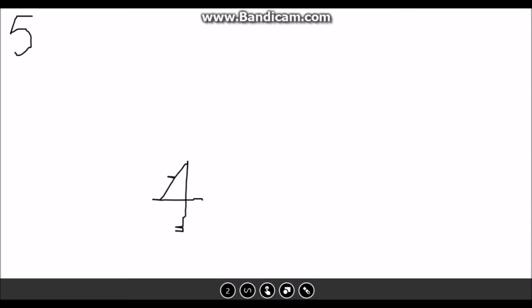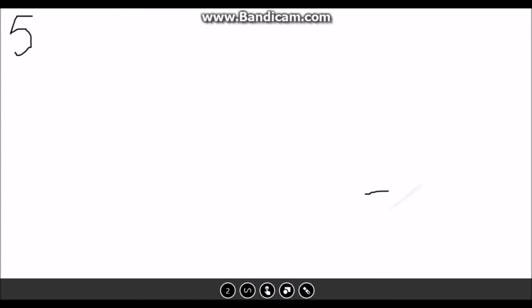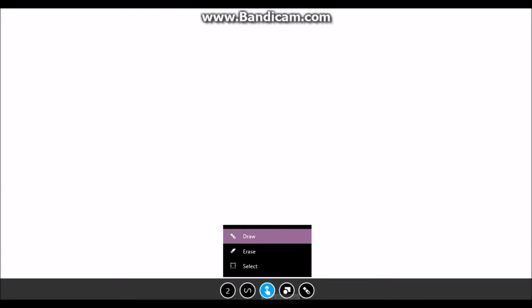And our denominators were 4 and 2. So that means the denominator of our final answer is 8, which means that the final answer to our example problem for today is 3 over 8.